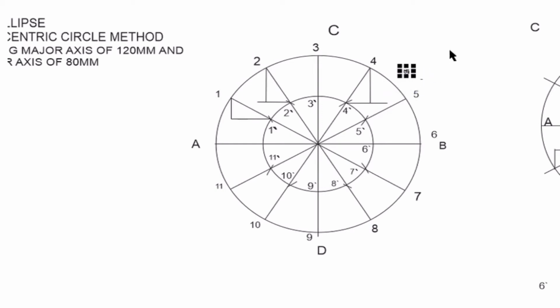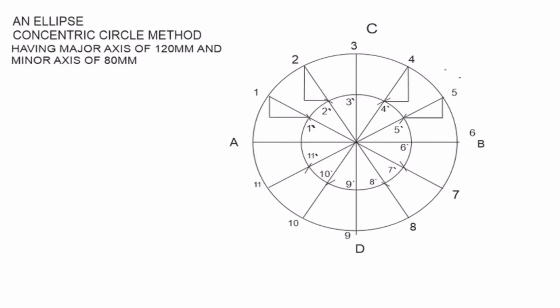You should notice that the line drops down from point 1, and from point 1 dash it cuts across. From point 2 the line drops down, from point 2 dash it cuts across. Don't forget that this keeps you in order. Where the lines from 1 and 1 dash meet, we'll call it point P1.